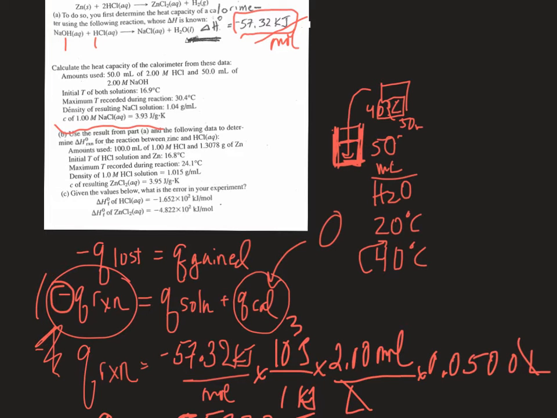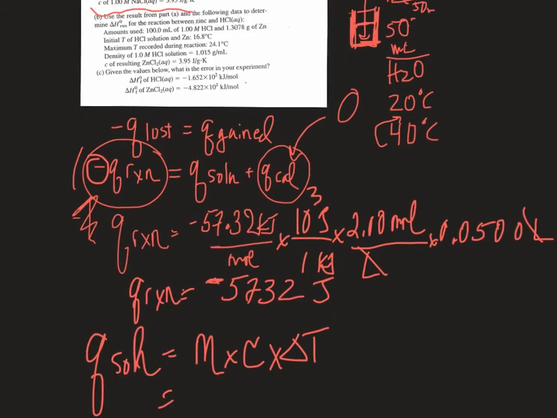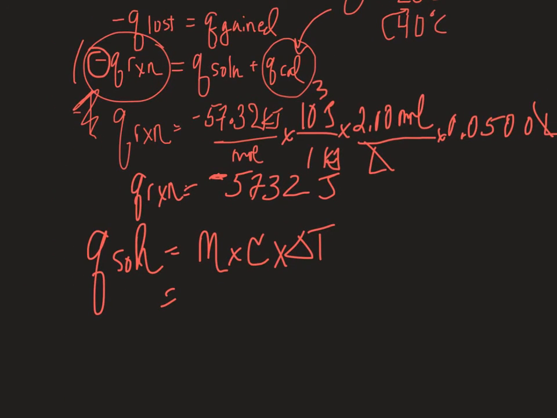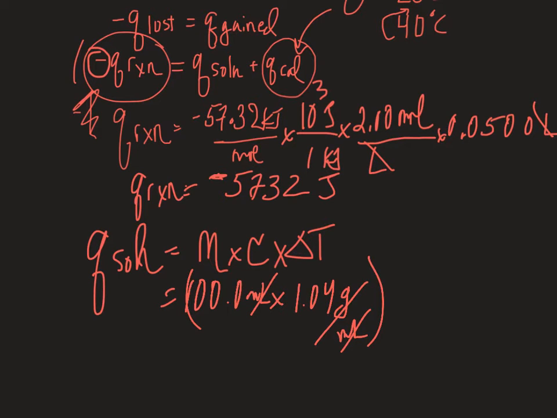And when I run this reaction, my total solution volume is 100 mL because I'm adding 50 and 50 together. So 100 mL times my density, 1.04 grams per milliliter, will tell me the mass.